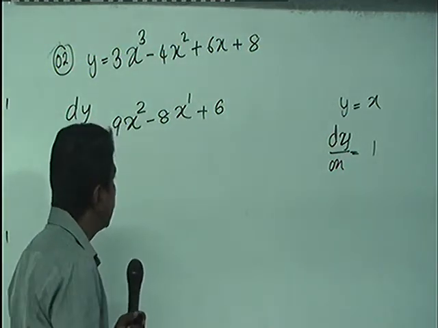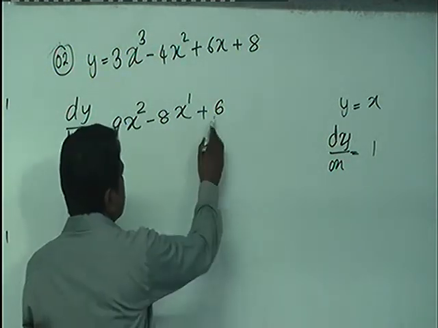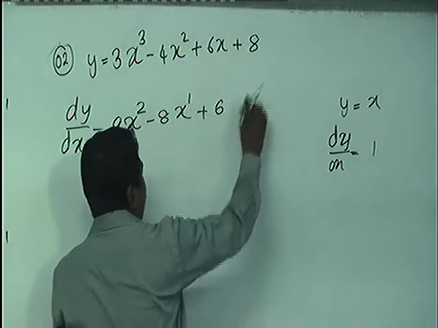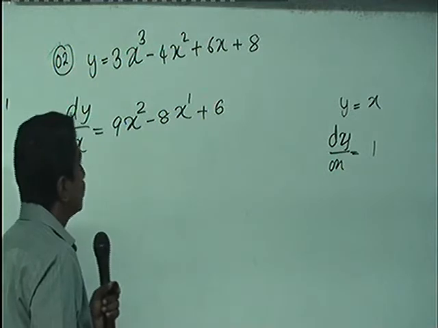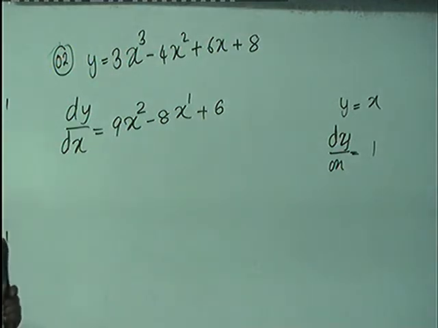We have done it last time. So only 6. Then a constant becomes 0. We did that rule as well. Therefore the answer, dy by dx equals 9x^2 minus 8x plus 6.